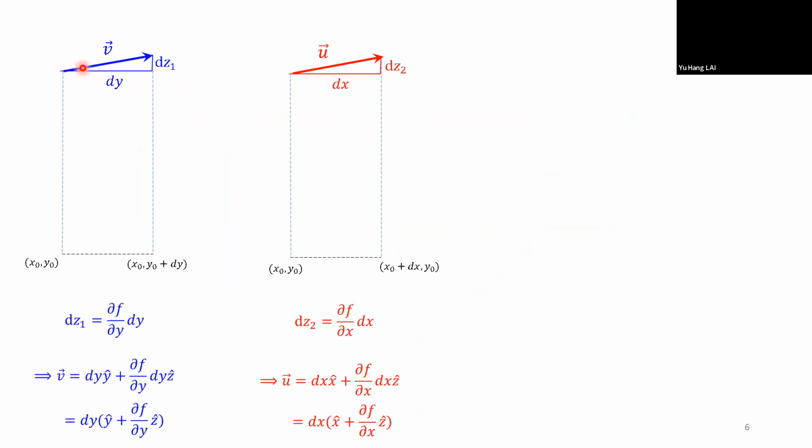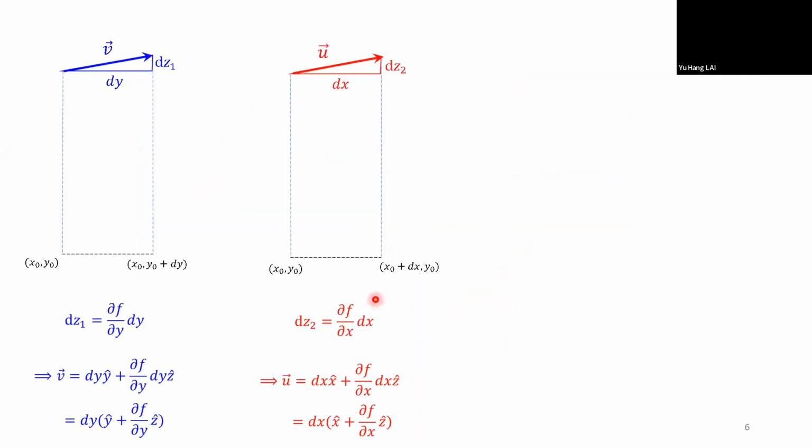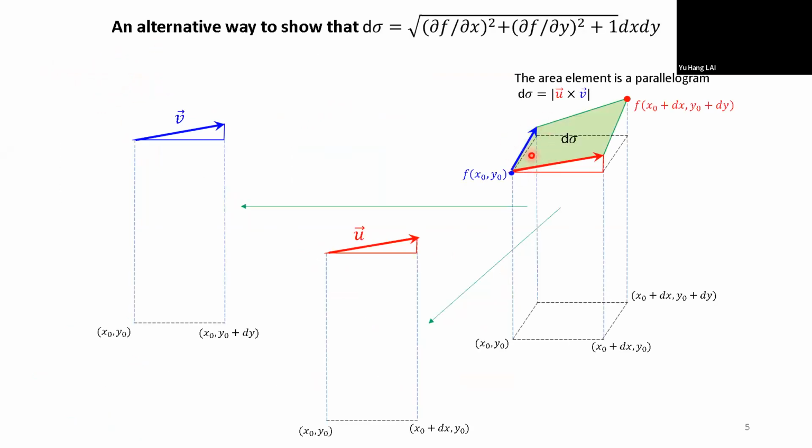To find v, remember v is a vector pointing along the y direction, so this is the y component, and it's also pointing a little bit up, so I have the z component. So this v vector has a y component and a z component. And on the other hand, this red vector has some x component and also some z component.